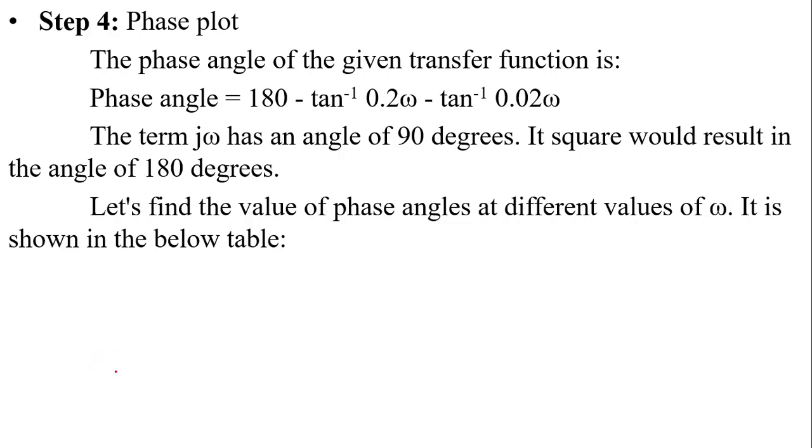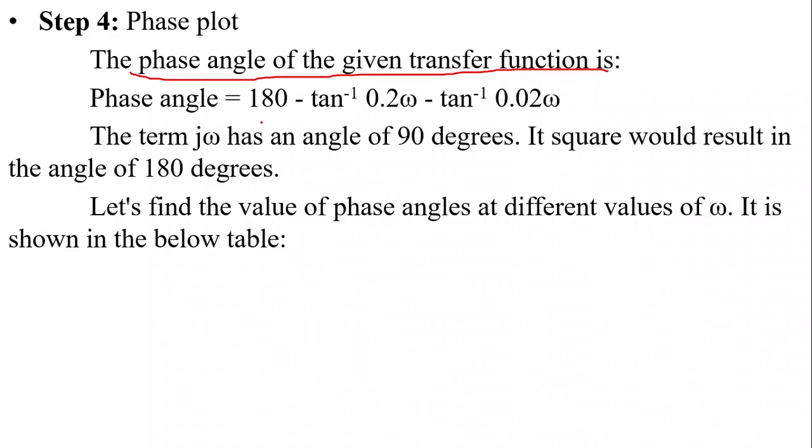After that we have to find the phase plot. The phase angle of the given transfer function can be written as 180 degree minus tan inverse of 0.2 omega minus tan inverse of 0.02 omega. How?